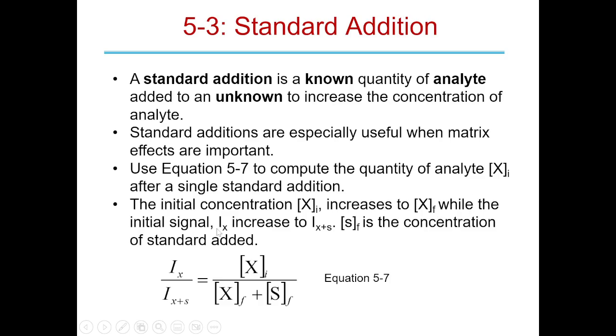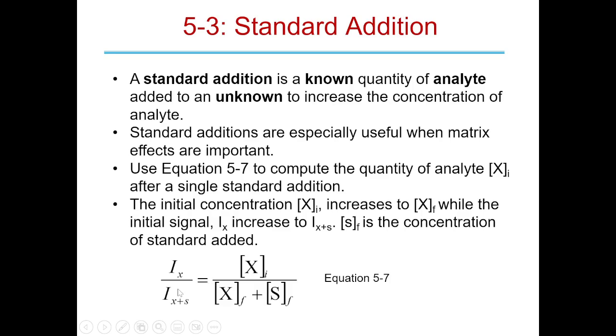The initial signal, I_x, intensity meaning signal, is that of the initial unknown, the x. [S]_f is going to be the concentration of the standard added. Notice that you could call this the standard, or you could call it the substrate, right? So it's the concentration of the S, the standard. And again, this is the final because it's the final state, right?